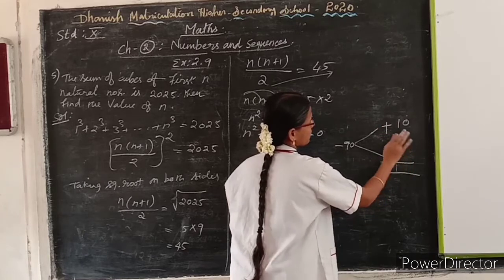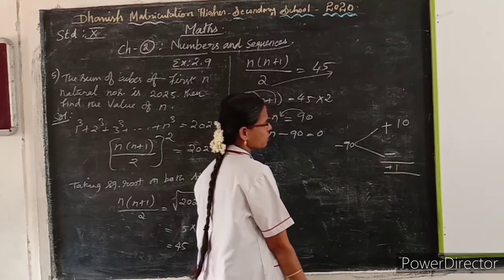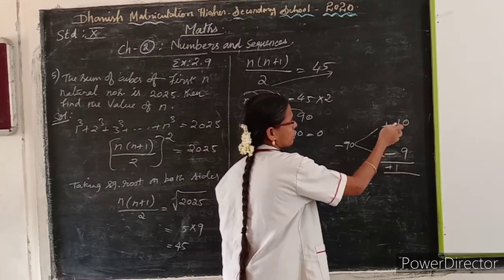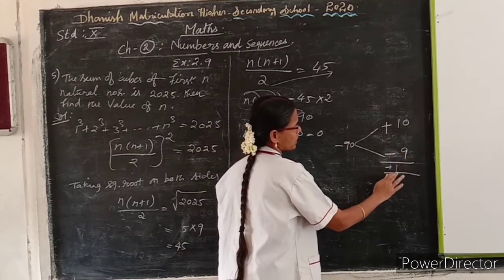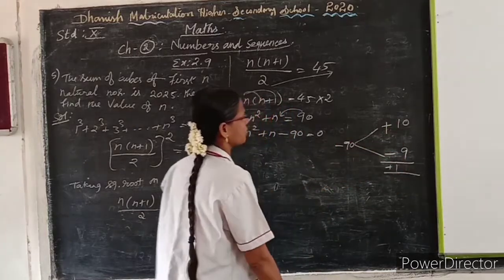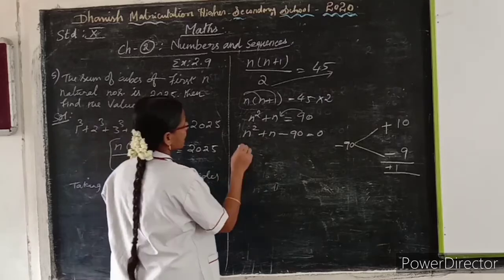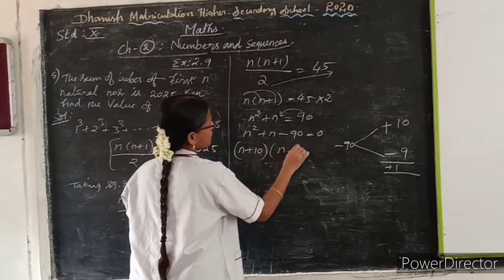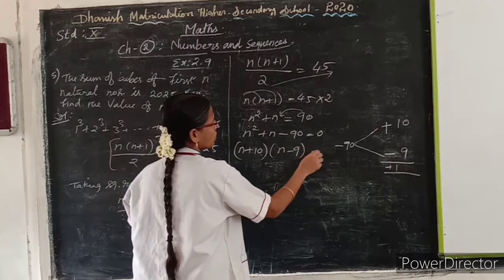The bigger number term is plus, the smaller number term is minus. 10 minus 9 is plus 1. So this can be written as (n plus 10) into (n minus 9) is equal to 0.